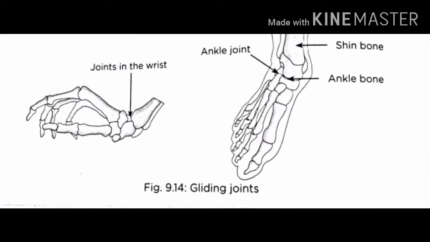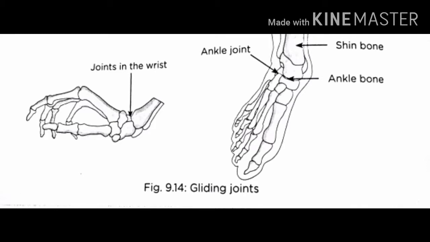The vertebrae in the backbone also have gliding joints. Wrist and ankle joints are also this type of joint.